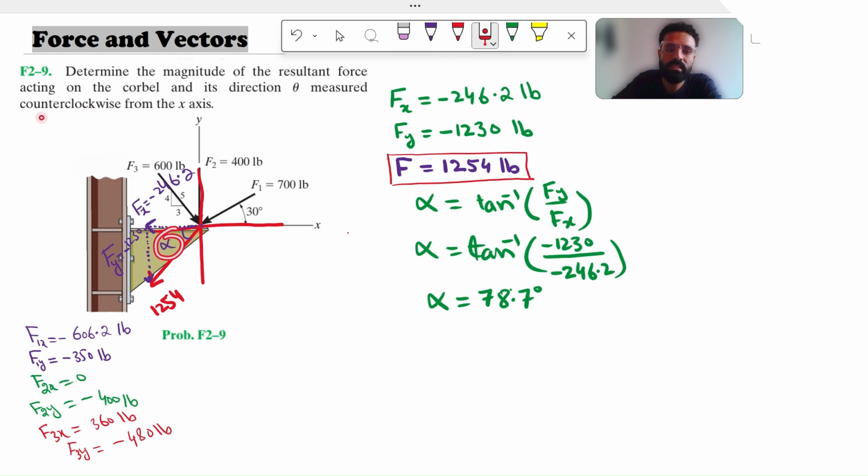But in the question, it says that the angle is measured counterclockwise from this x-axis. So it means that we need this angle. We already found this angle, so we'll just add 180 to it. Means if we add this 180 to alpha, we will get this angle. So I am considering this angle as theta. So now I'll be doing the calculation for theta. Theta will start from here and reach this resultant force.